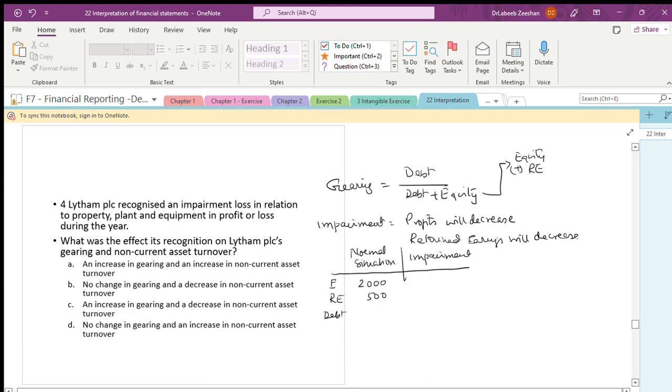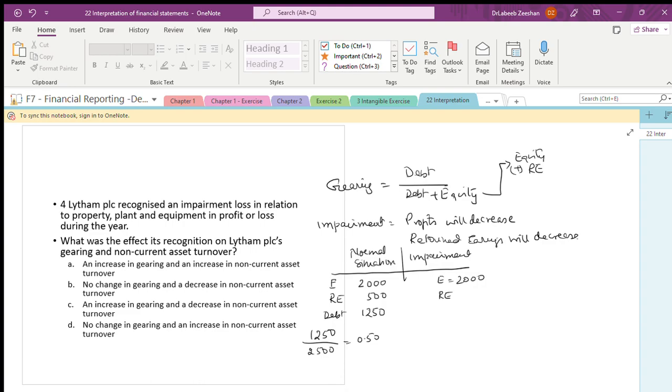Assume debt is 1250. Now 1250 divided by 2500 comes to how much? 0.50. Now with the equity 2000 and impairment, because of impairment retained earnings will decrease.